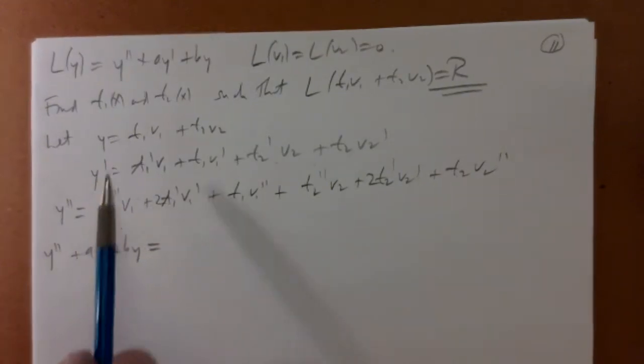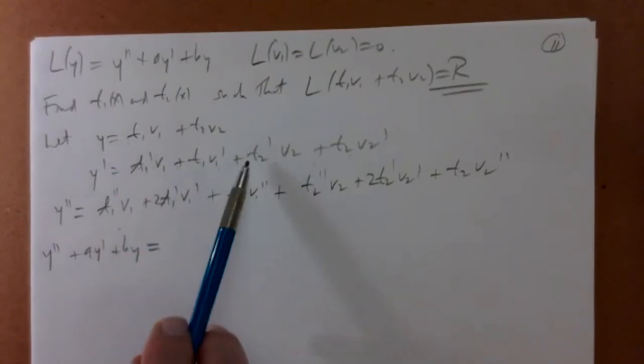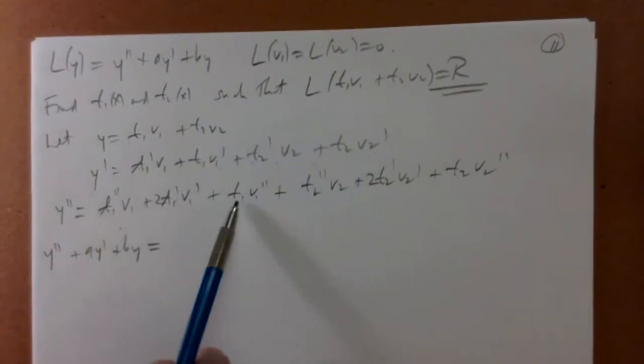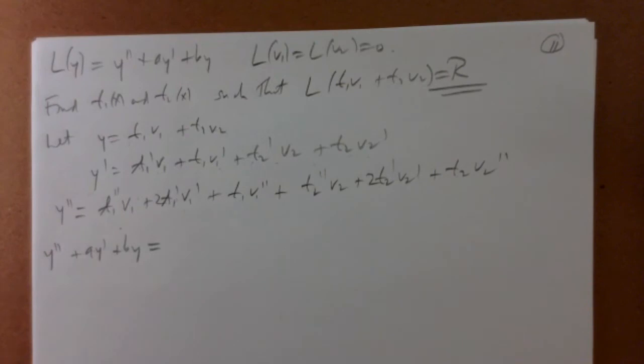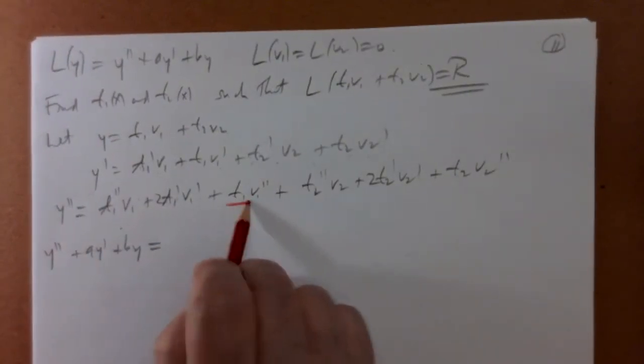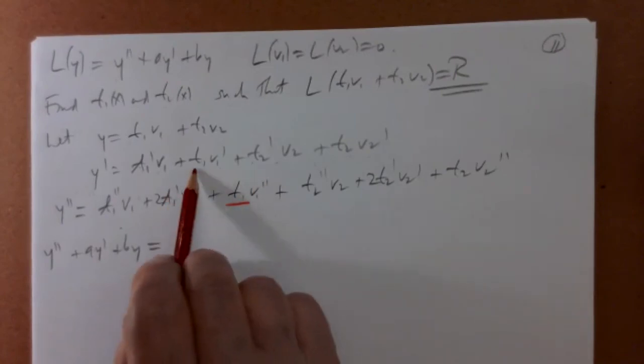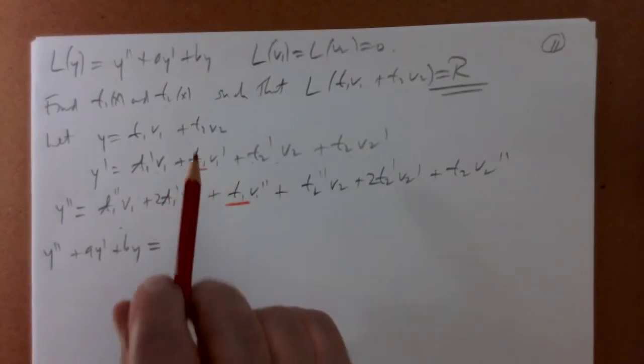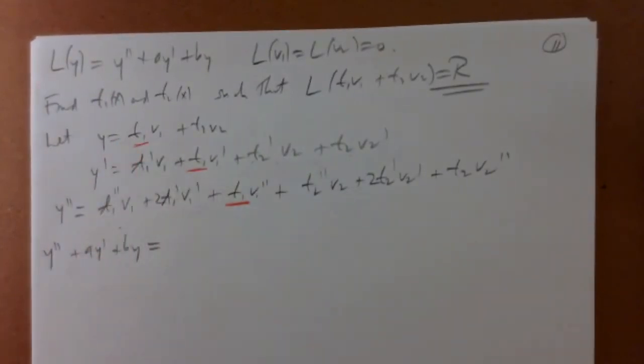I'm adding up how many terms? 1, 2, 3, 4, 5, 6, 7, 8, 9, 10, 11, 12. I have a lot of things to write down. So some of the terms just involve a t1, not differentiated. t1, t1, and t1.